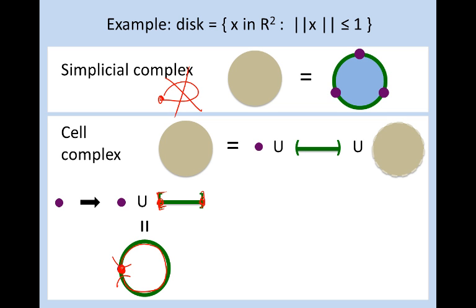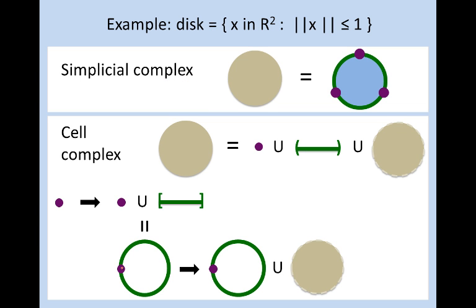We can now, in step 2, add the two-dimensional face, the two cell, and I will again follow the rule of gluing the entire boundary to my previously created one-dimensional simplex.